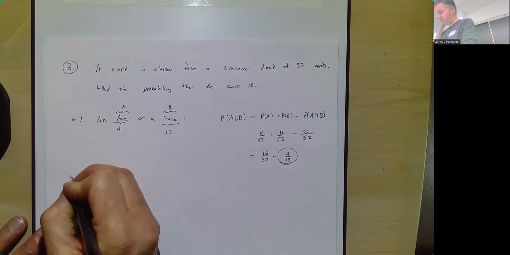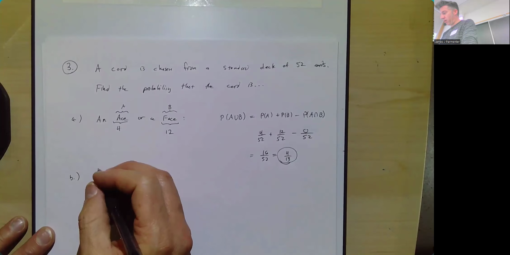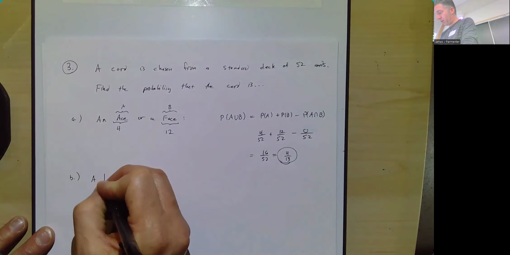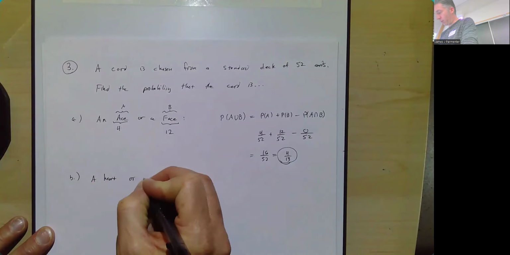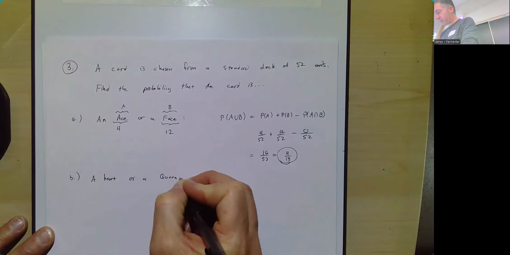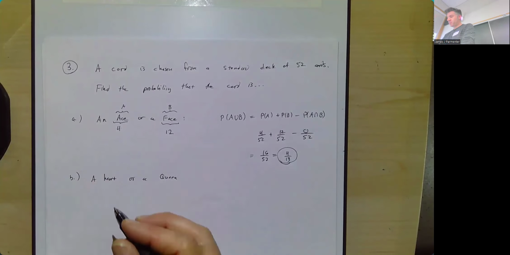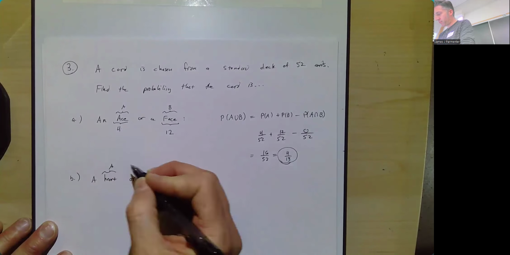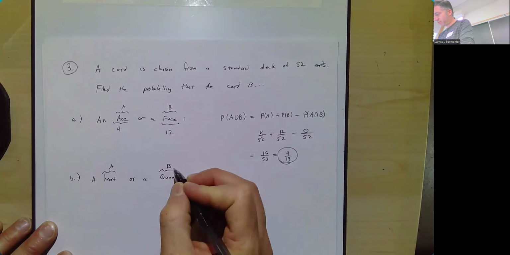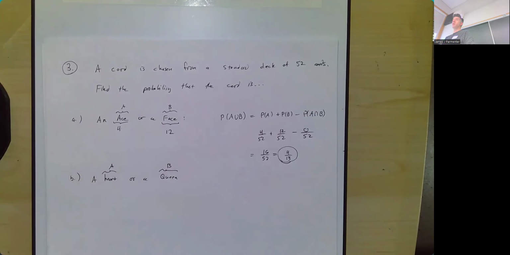Okay, let's look at a more interesting question. How about a card that is a heart or a queen? We could list them all out. How many hearts are there? There's more than 4. So what's that?